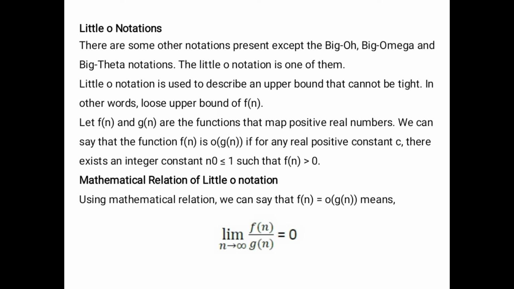if, for any real positive constant c, two conditions are satisfied: n naught is less than or equal to 1, such that f of n is greater than 0. That means the function must satisfy these two conditions. To specify this mathematically, first write f of n equals small o of g of n.